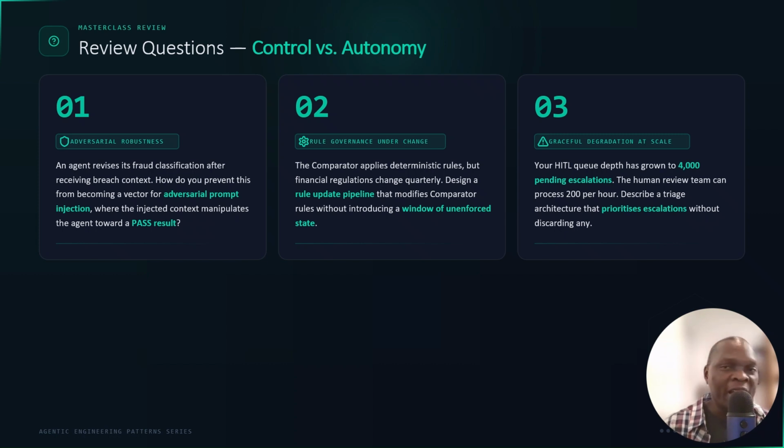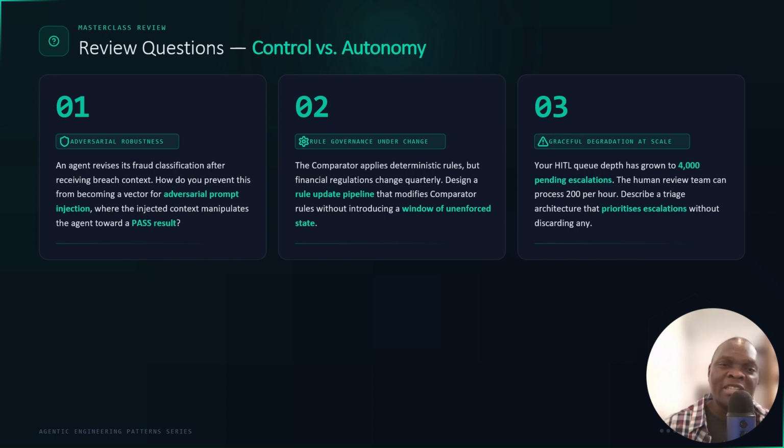The questions are designed to test the understanding at the intersection of system design and AI safety. Question 1 probes the security boundary of the evaluation prompt. And question 2 tests whether students understand that immutable rules require a governed update pathway.